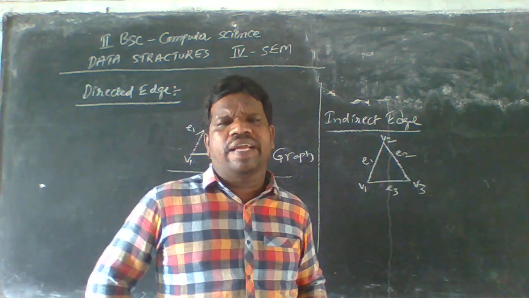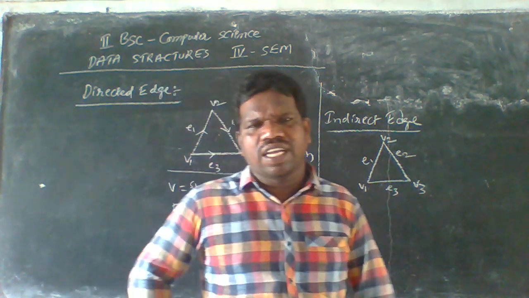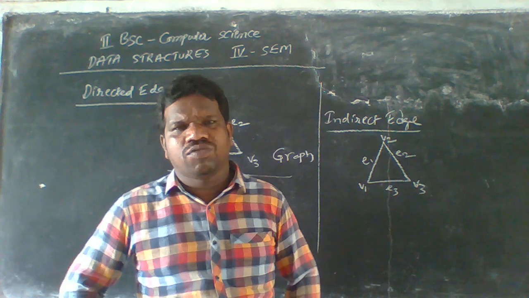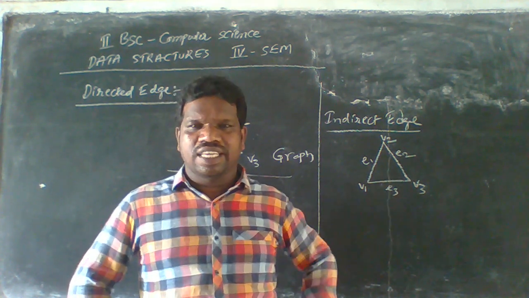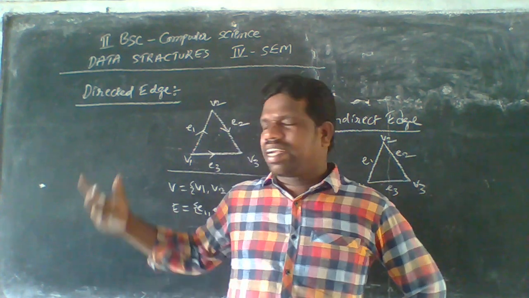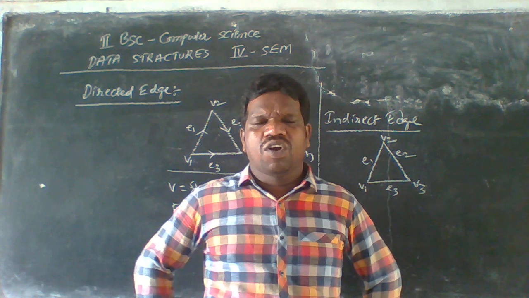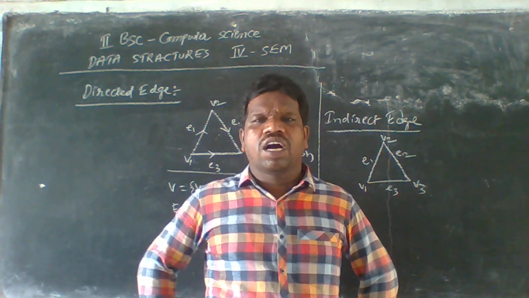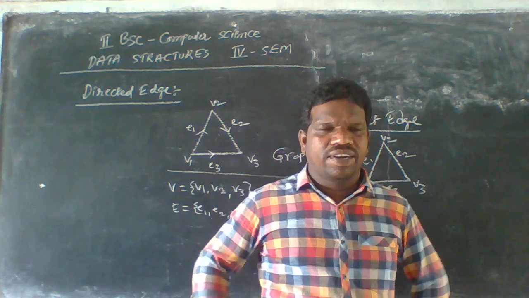That is the main difference between the direct edge and the indirect edge. The indirect edge does not follow any sign or arrow mark. There are no arrow marks to represent any edge. While drawing the direct edge, we form the direction from one node to another node. So the direct and indirect graphs belong to different scenarios.